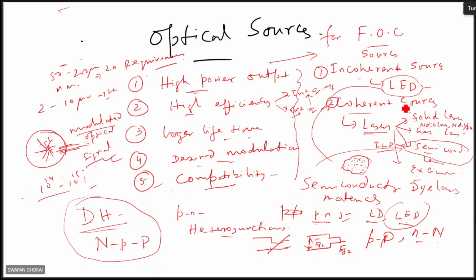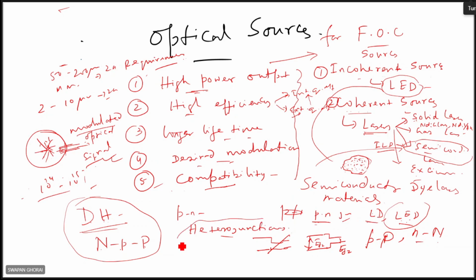Also keep in mind, whenever you consider semiconducting sources, whether LED or laser, we have to consider heterojunctions. Generally PN junction devices are there, but normal PN homojunctions are not used for fabrication of a light emitting diode.